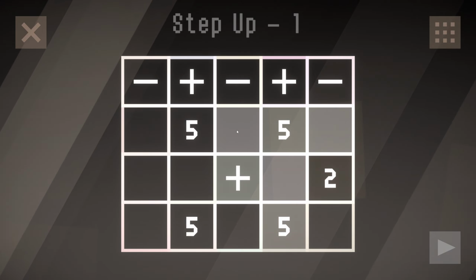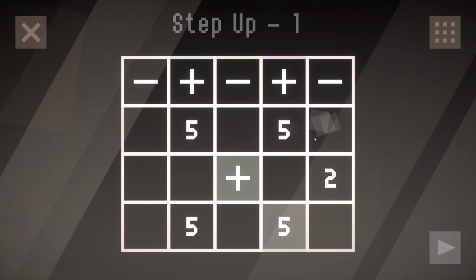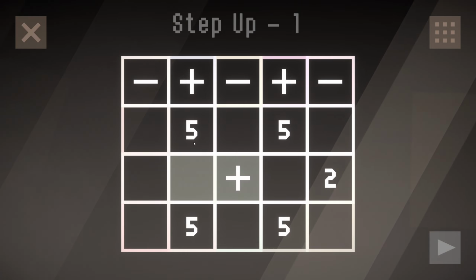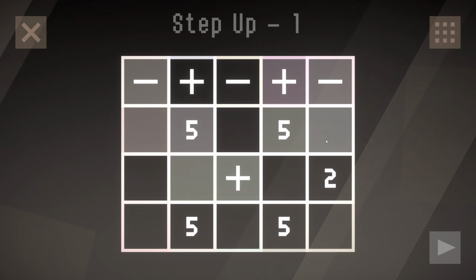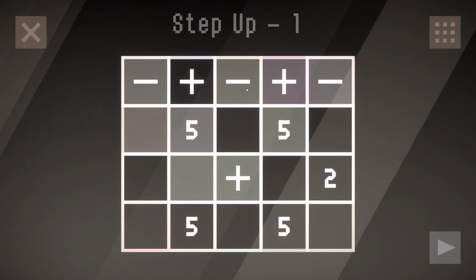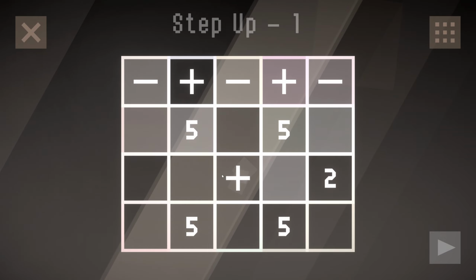You need... This plus needs a negative. I can't have this match up to that in a big negative space through the center.